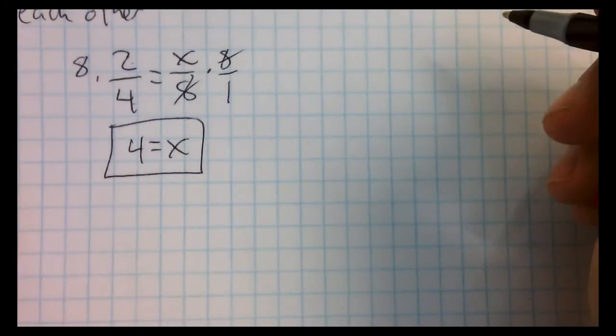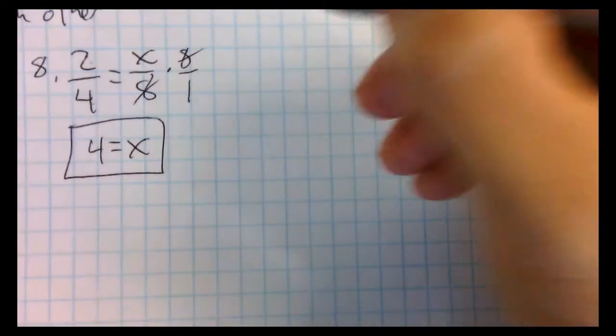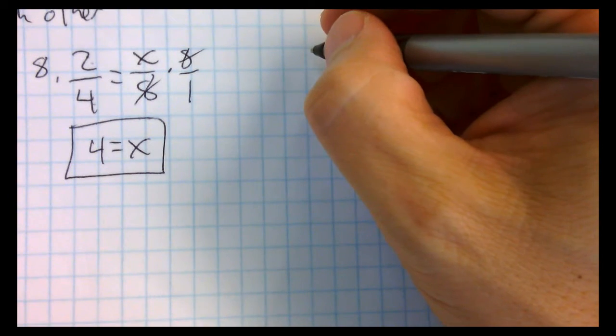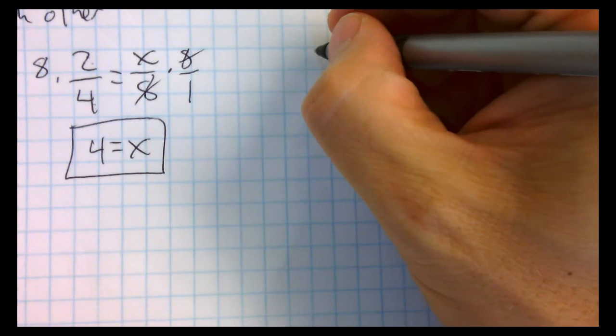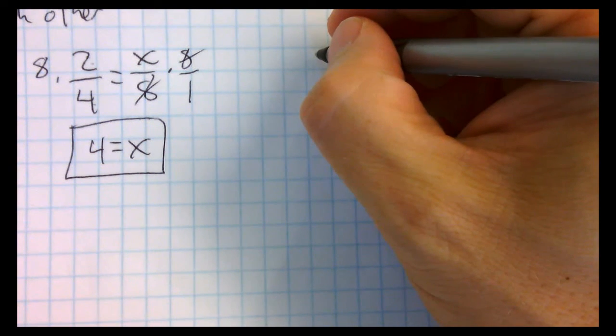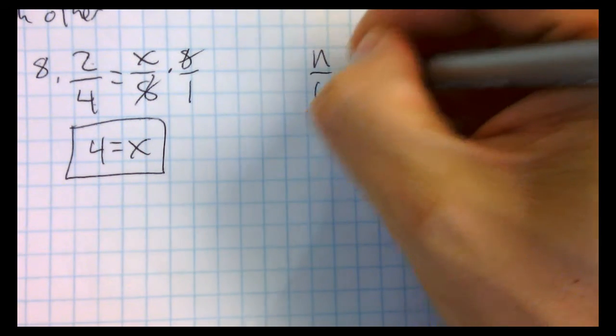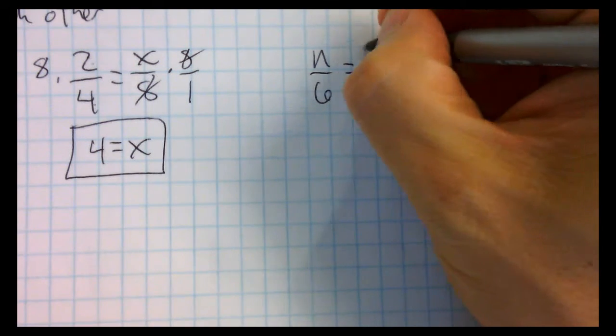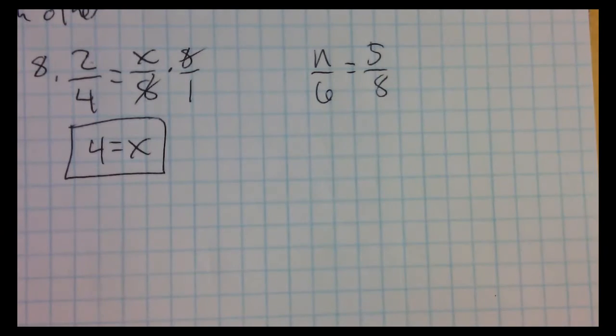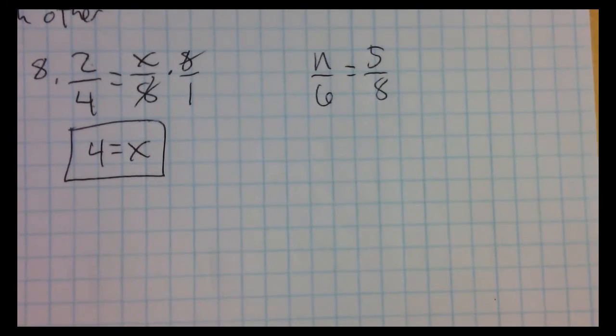Now, the sort of quicker way to do it whenever you have a proportion is to do something called the fish method. So for example, let's say you had a problem that was something like n over 6 equals 5 over 8. Okay, now we can obviously multiply both sides by 6, but a quick way to do this is what's called the fish method.